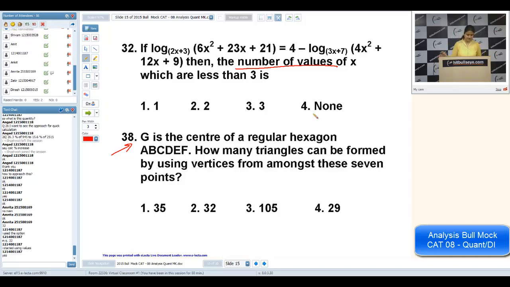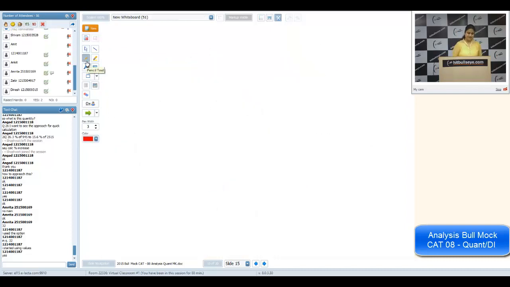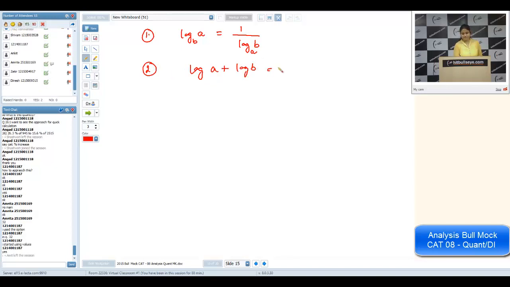Okay. Let us see, Amrita. Before explaining this question, let me write the properties of log. I'm not going into the very basic. In the same base, of course.